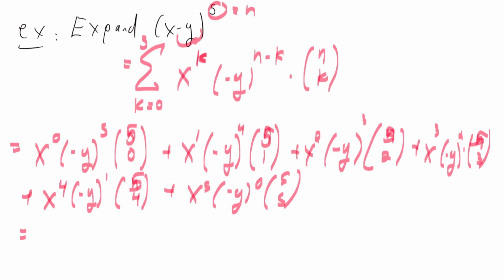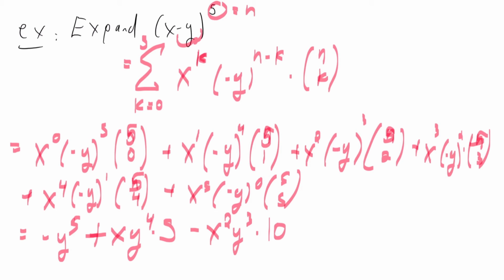x to the 0 is 1, minus y to the 5th is minus y to the 5th like this. 5 choose 0 we would see to be 1. Then we would get plus x y to the 4th times 5 from that binomial coefficient, minus x squared y cubed times that binomial coefficient, which would be 10.